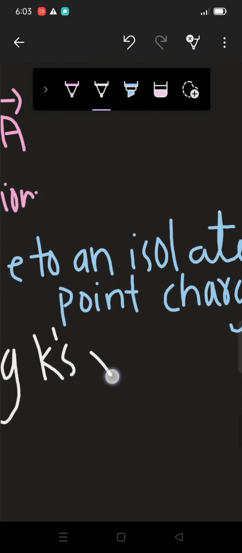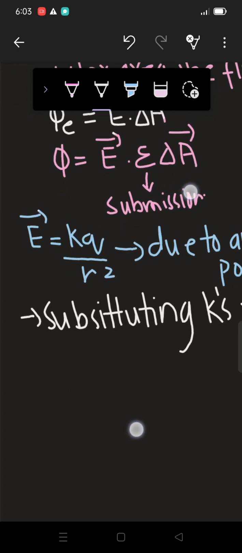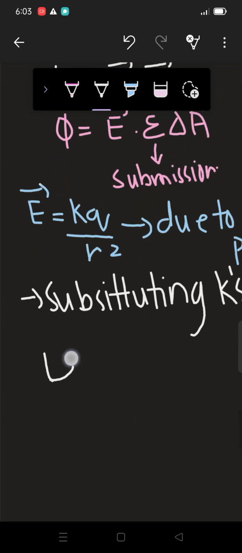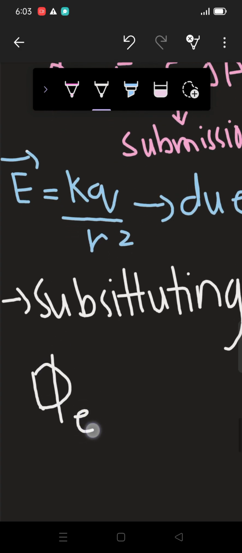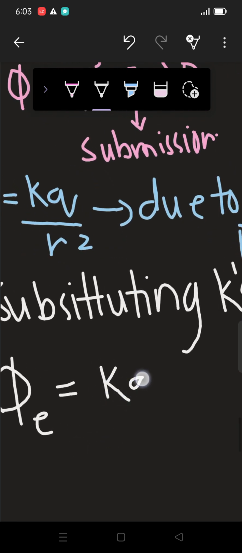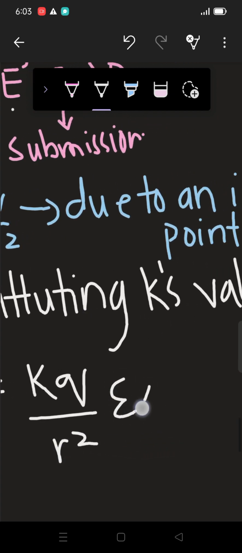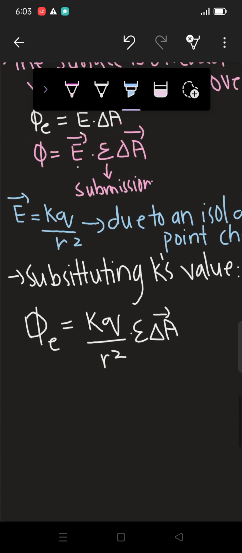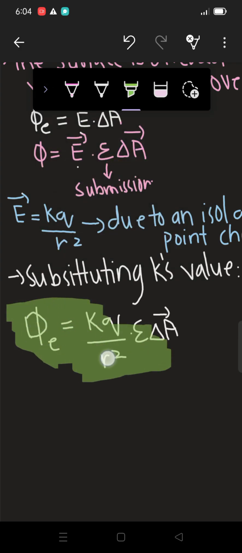Phi, which is the symbol denoting electric flux, is equal to, instead of electric field intensity, kq over r square times the summation of the small element of vector area. Wait, let me highlight this as well now. These are very important points.